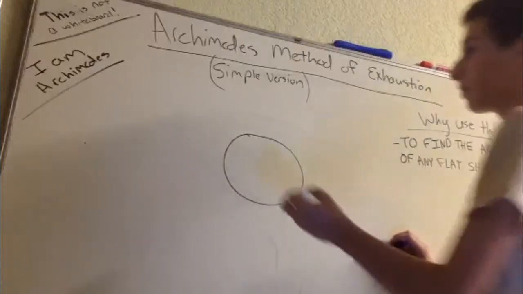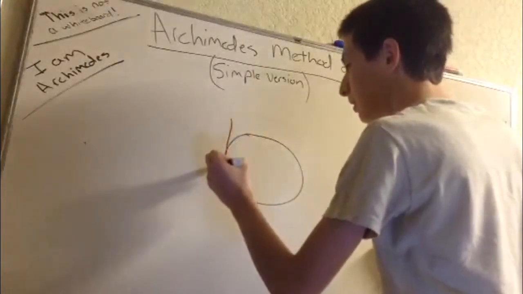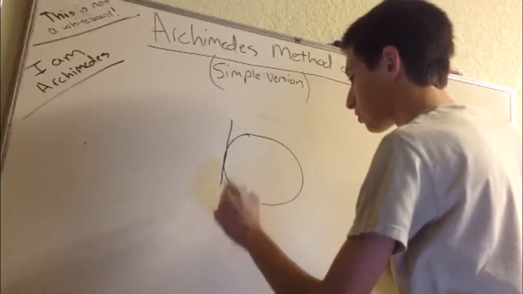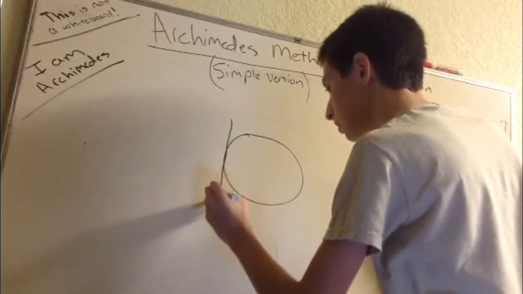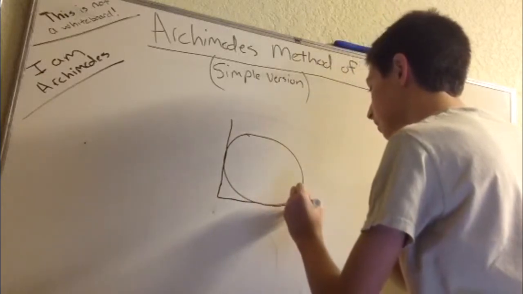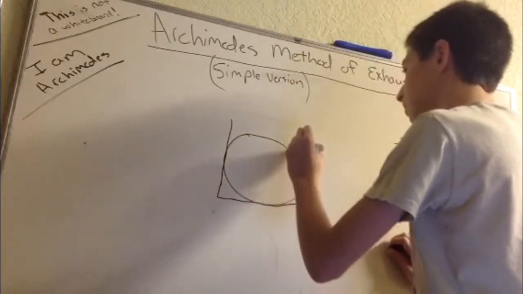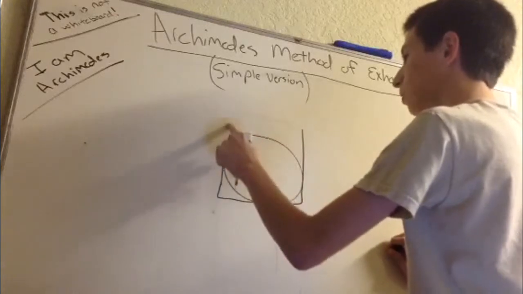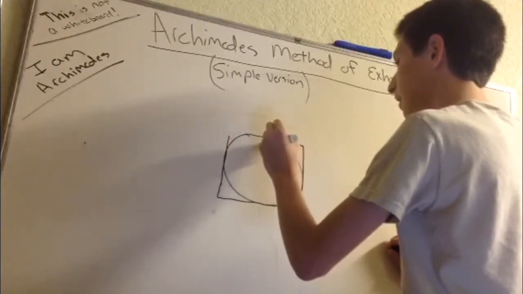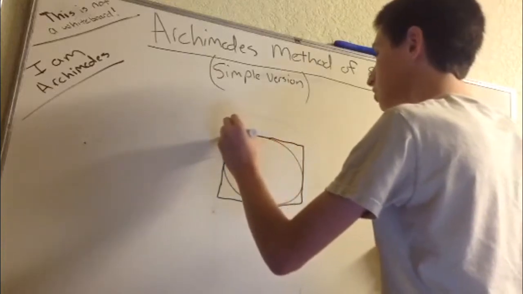Circumscribe means that when I draw this square, it remains on the outside of the circle. However, each side of the square will touch the edge of the circle.